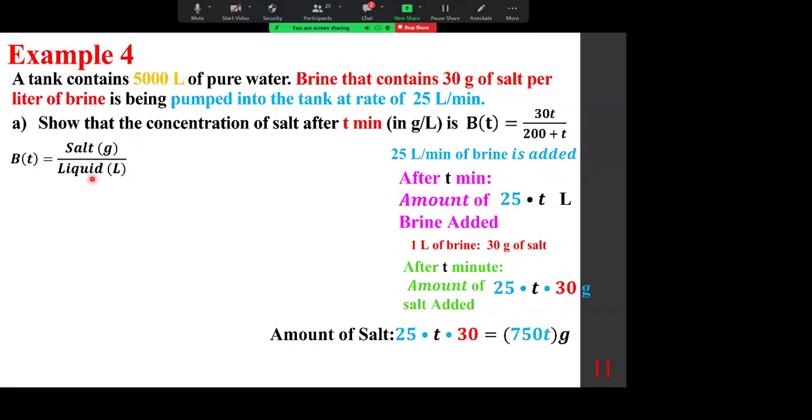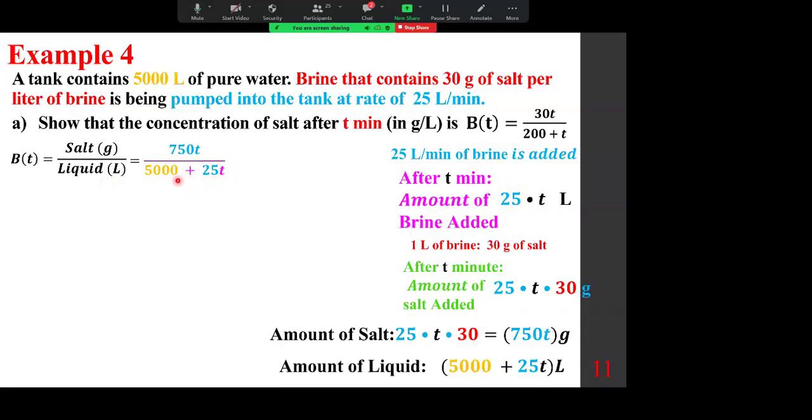But how much liquid do we have? Well, we have originally 5,000 liters of pure water. And we are adding 25 T liters of brine. So this would be the denominator. So we just proved this should be the answer.